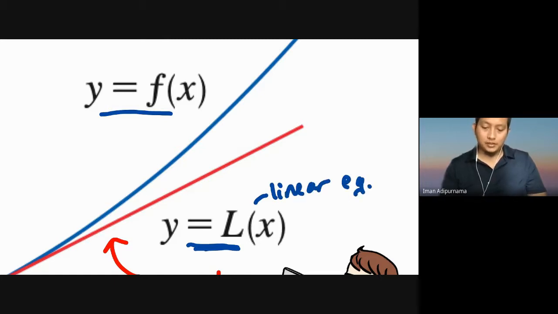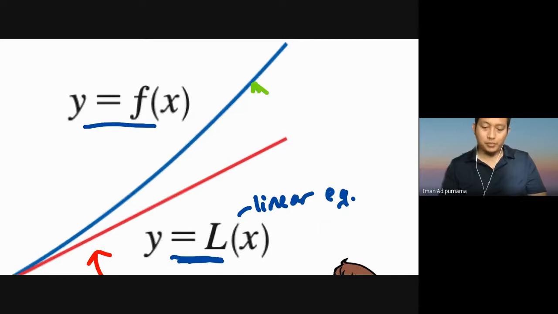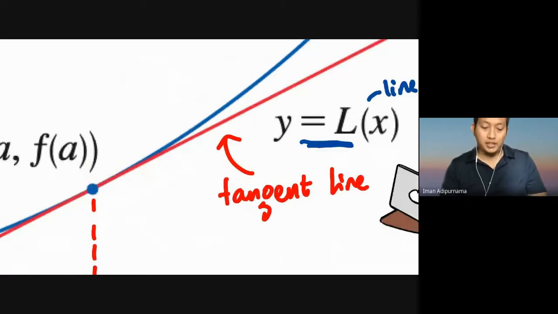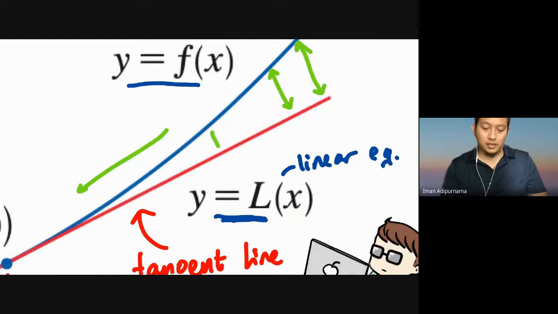If we look from here, it has a gap, right? And if you remember the limit, when you get closer to the number a here, the gap is getting smaller. That's the first thing.